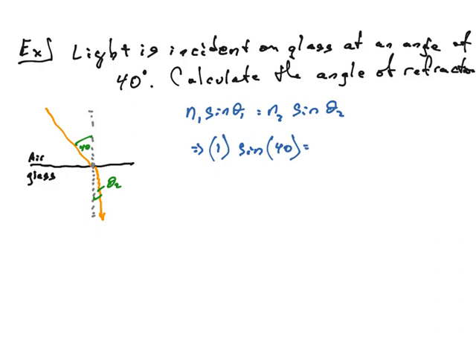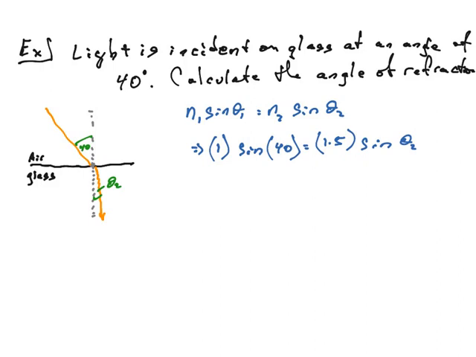Now we look at the right. For n2, I need the index of refraction of the material I'm hitting or I'm going into. I'm going into glass, so it's 1.5. Sine theta 2, but theta 2 is the thing I'm looking for. I'm looking for the angle of refraction. So there we go. Here's my equation. Everything's a bunch of numbers except, of course, for theta 2, which is what I'm looking for.